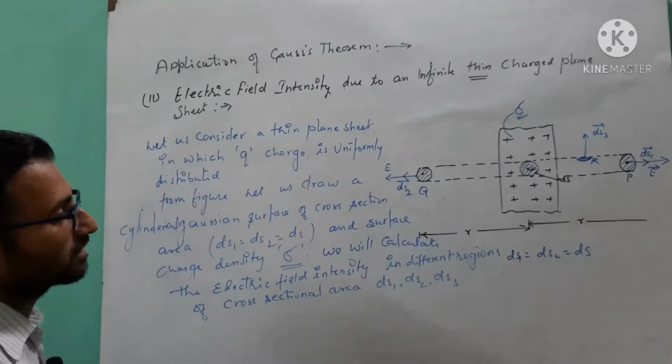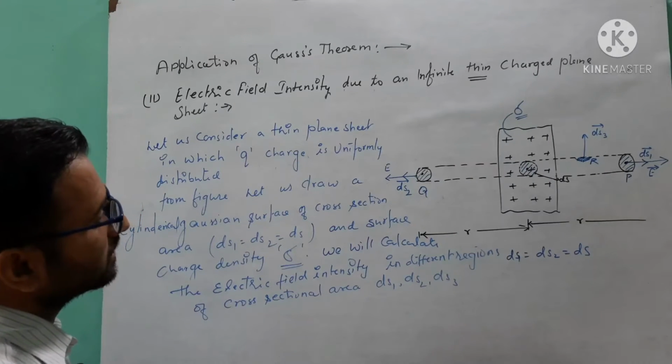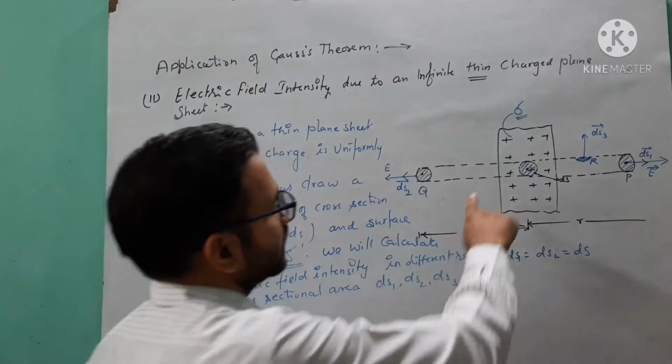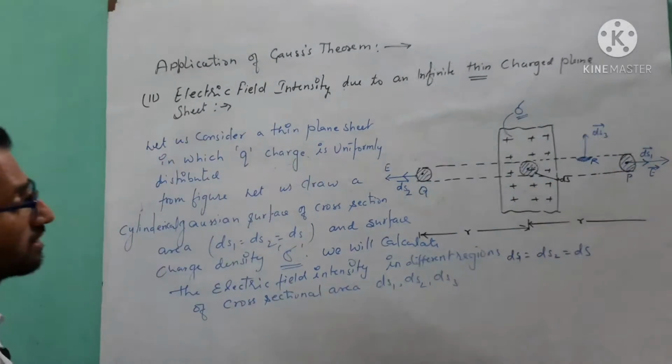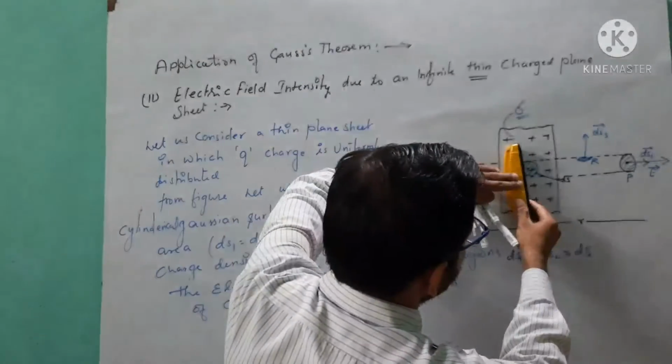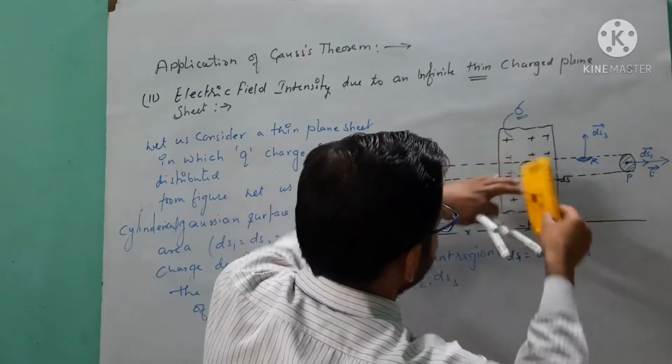So let us start the condition first. As the direction of electric field is vertically outward, means with respect to this surface, perpendicularly outward direction.